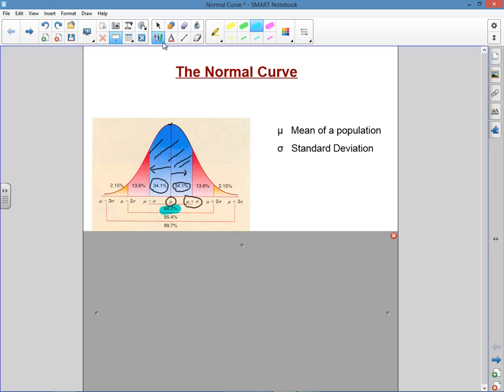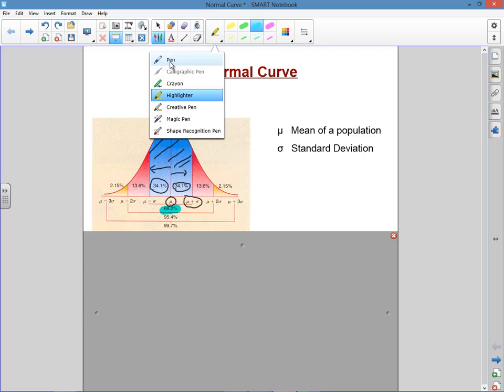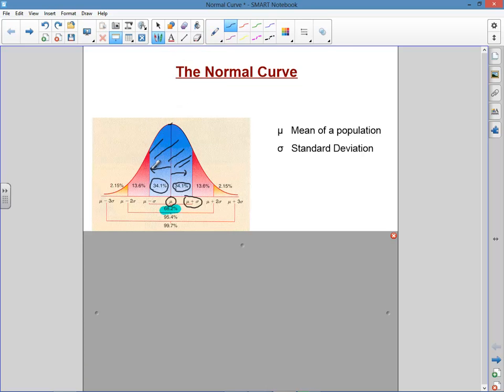When we extend this out and we go two standard deviations behind, so we have our mean, subtract two standard deviations, so from here back, we will contain approximately 45% of the data.